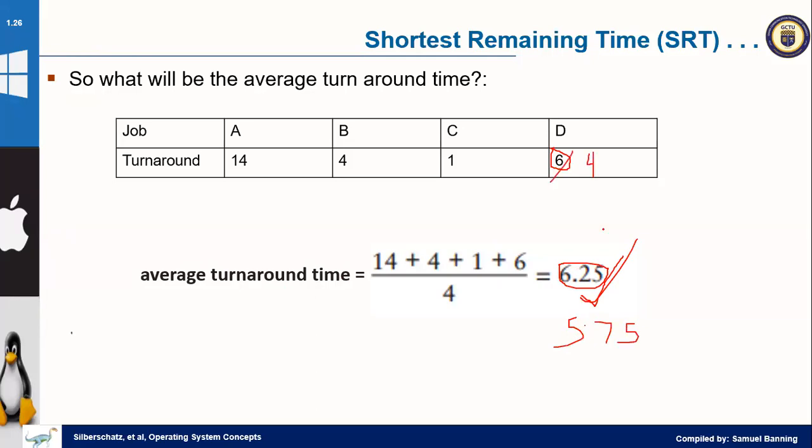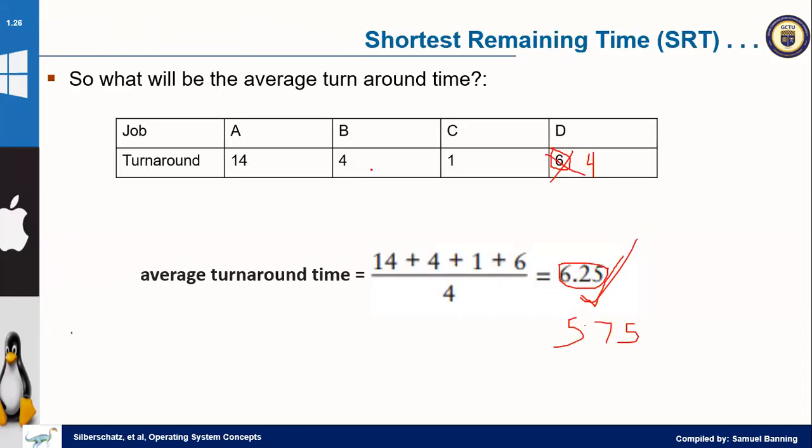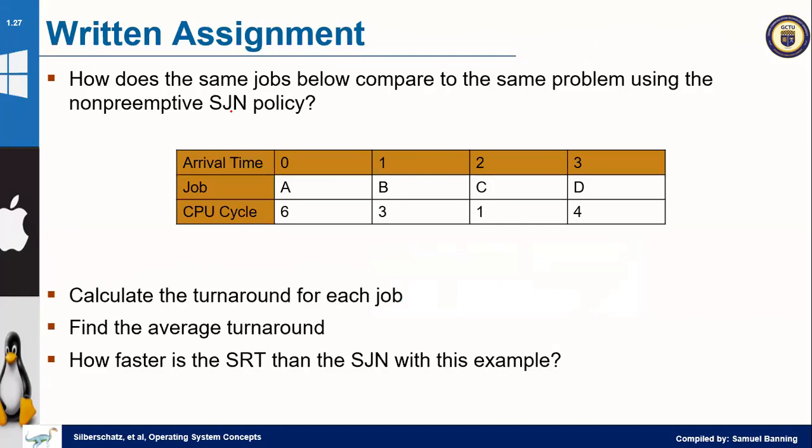All right. So this is how you calculate the average turnaround time using the shortest job next. Now, there is an assignment here. How does the same problem compare using the shortest remaining time policy?